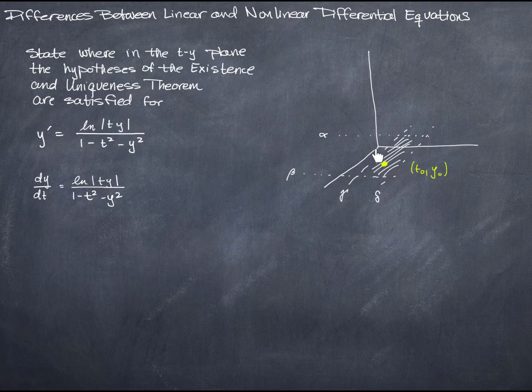So I'm going to erase this sketch that I have here, and I'm going to resketch it. Before I do that, let me point out that if I just drew the ty plane instead of the tyz plane, then I'd have alpha here, and beta over here somewhere, and then gamma and delta.